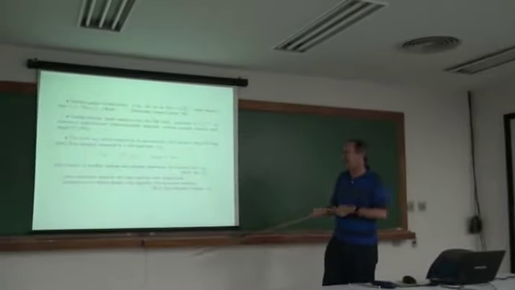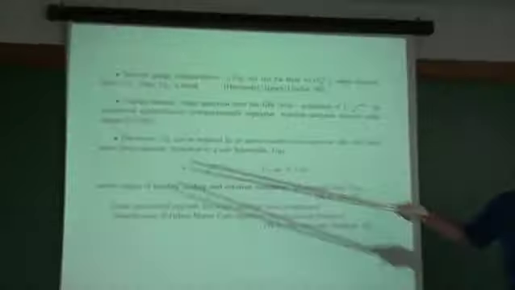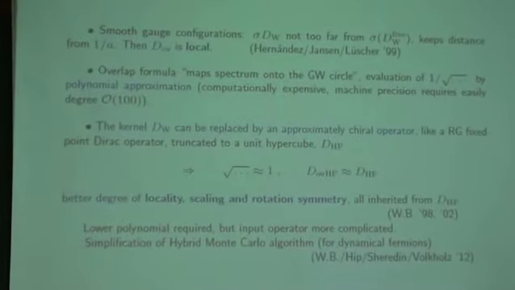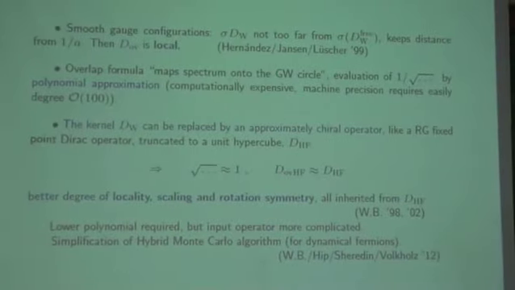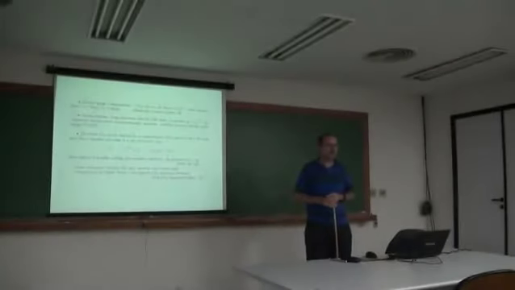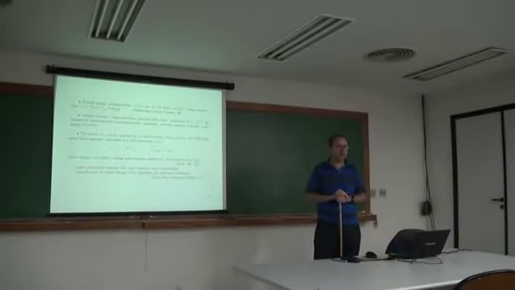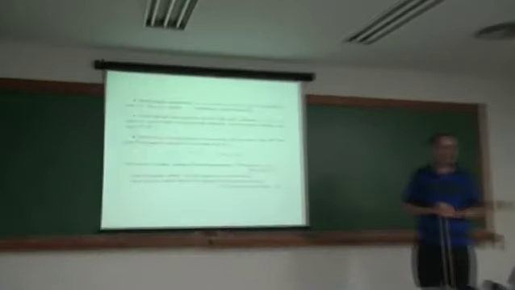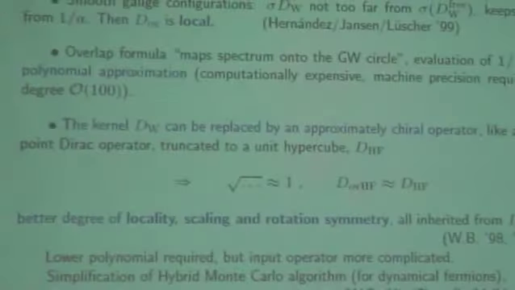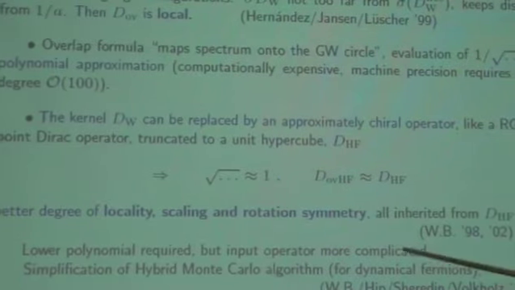Then it can happen that we need about 100 orders of this polynomial to get it right. It can be done, but if we compare it to a Wilson fermion, then we have a factor of 100 of extra computing time. So this is a disadvantage. It is much more tedious to compute, but it has much cleaner theoretical properties.